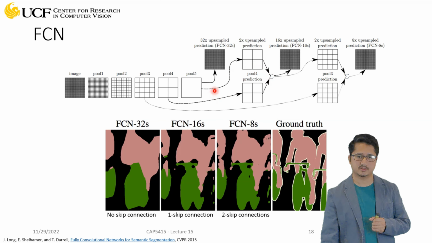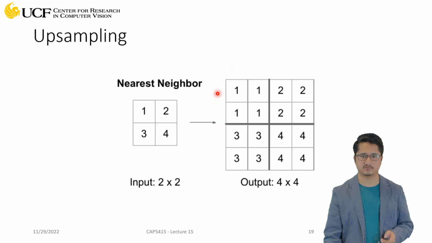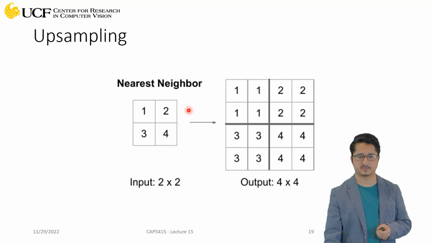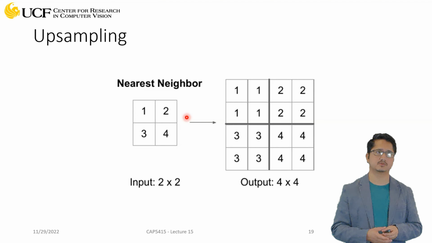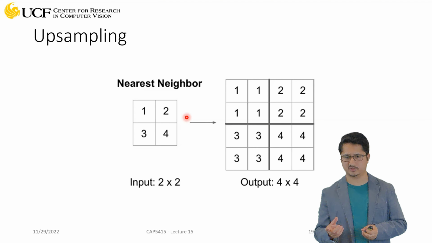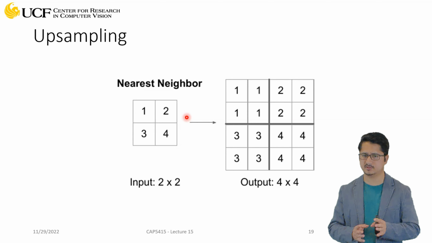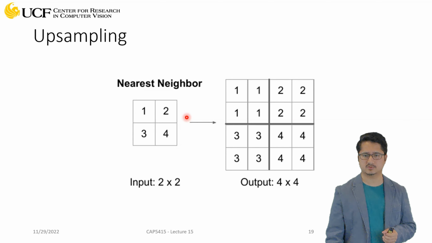The other important thing is this upsampling step. I remember we have discussed this already, so let's quickly go through it. There can be different ways you can upsample your features. In your assignment, I think some of you used bilinear interpolation. You can use trilinear interpolation as well. You can do repetition as well. So there are a lot of different ways.